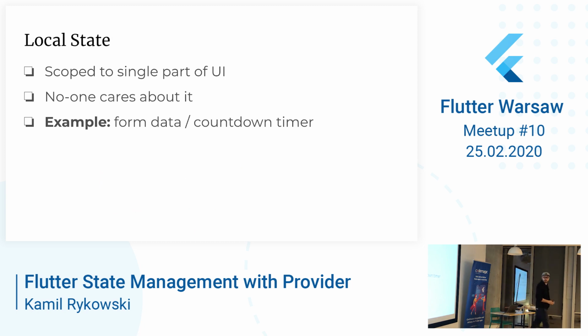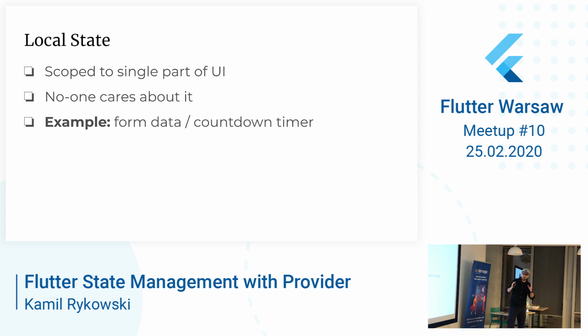For the state, we basically have two kinds of state. The first one is a local state. As the name suggests, that's the state which is only accessible in a single part of our UI.